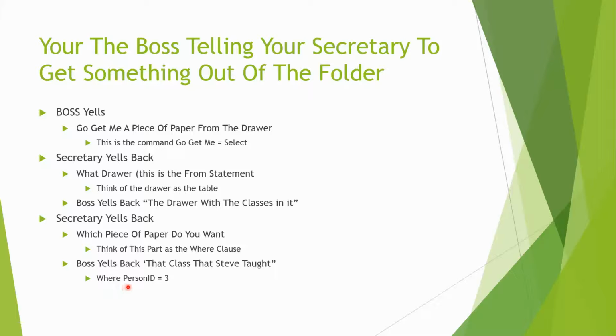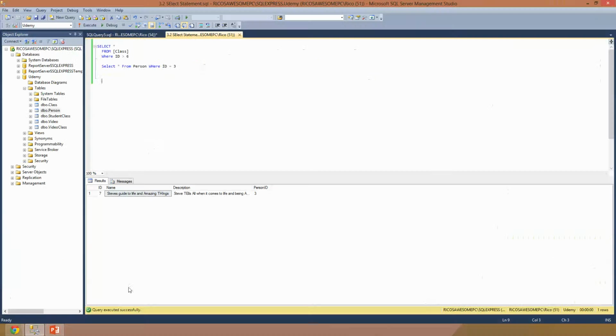Okay, so let's go back. And we have the select star from the drawer that was class where, and we need to say where person ID is equal to 3.